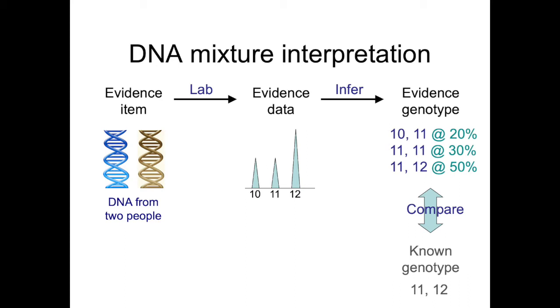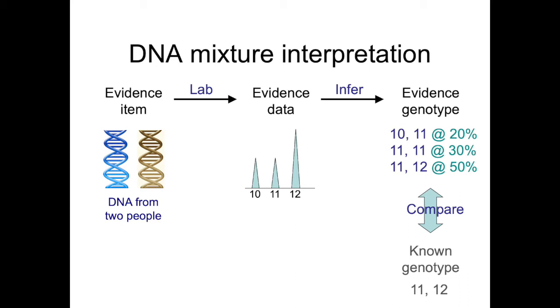The reason why one of these possibilities, the 11, 12, may have more probability, say 50%, than the others, is because if you add genotypes together, which is what the computer does, it adds genotypes together that are proposed. It accounts for phenomena like stutter and relative amplification and many other, and distorts the pattern a little bit, and it compares the pattern to the data.